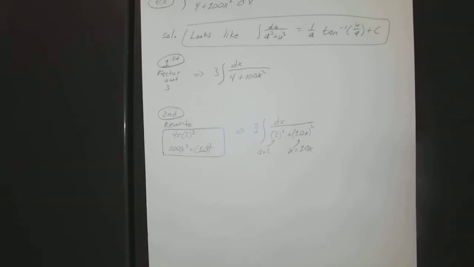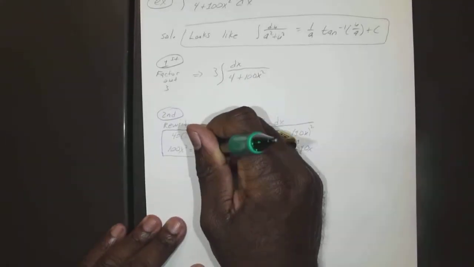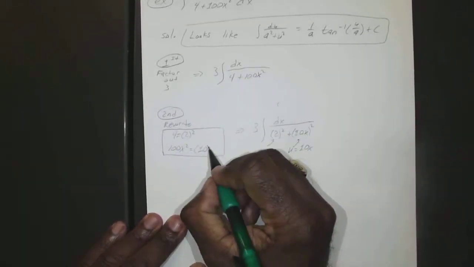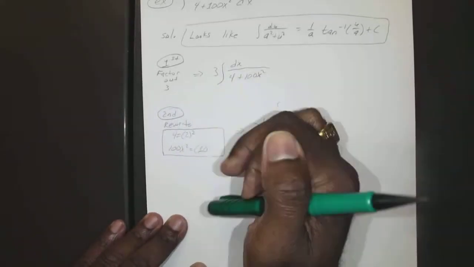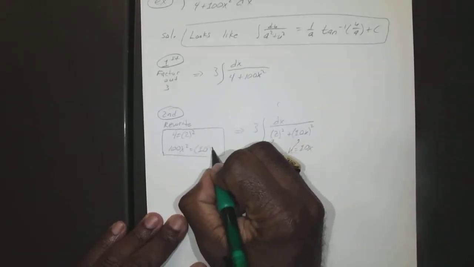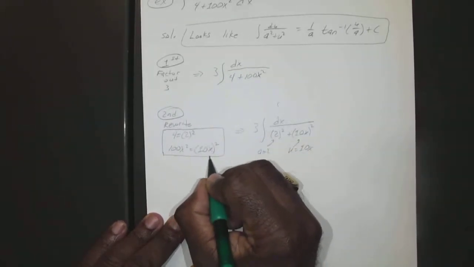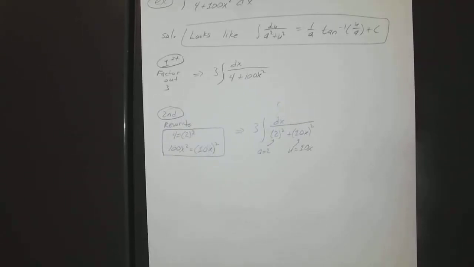You just wrote 10 squared on the rewrite. Oh, okay, I see what you're saying. I completely missed that one. Nope, I'm glad you caught it. As I'm writing, I'm like, that's not right. So 10x squared.